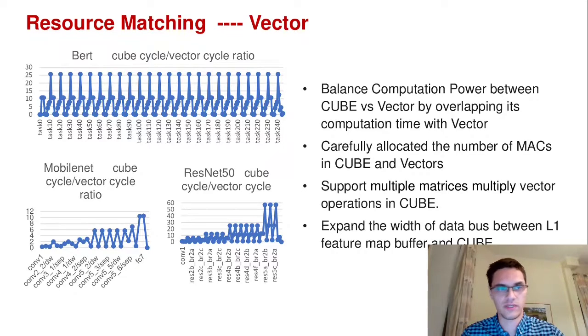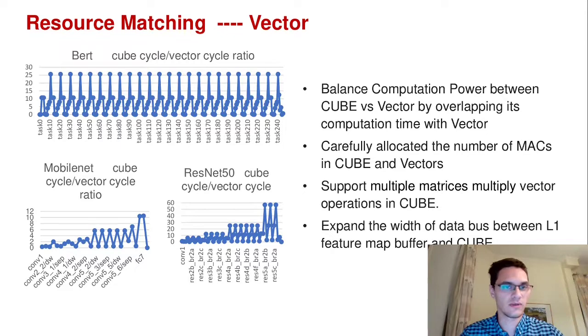So here on this slide you can see the profile of BERT, MobileNet, and ResNet 50. And what is actually plotted on the y-axis is the ratio of cycles consumed by the cube unit to the cycles consumed by the vector unit. So an important finding from here is that most of the computation, especially in the deeper layers for computer vision networks, is spent in the cube unit.